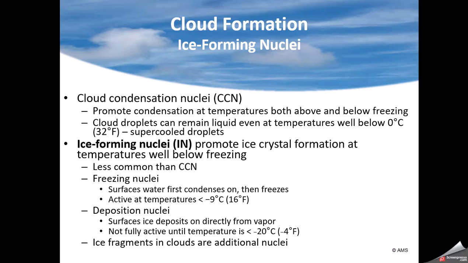Some kinds of dust are ice-forming nuclei. But what that does is it allows supercooled water still to exist down to about -9 or so temperatures. At that point, if there's ice condensation nuclei present, we begin to transition over into ice. Ice crystals begin to form. And by the time you get down to around -20, pretty much everything's ice.